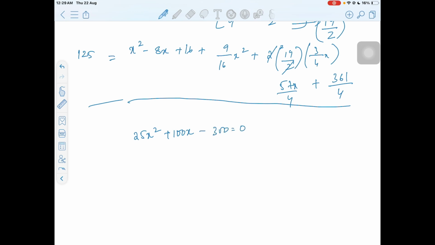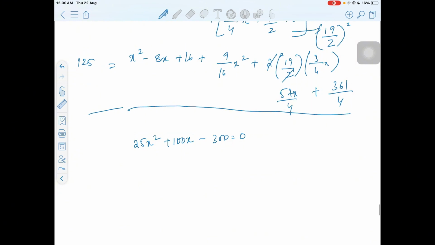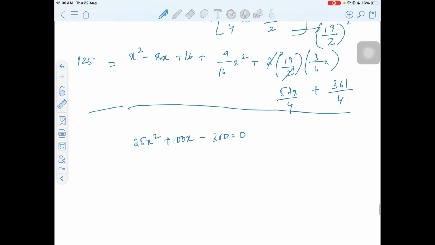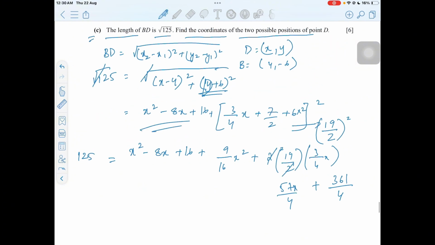Or we can solve this, but this will take a lot of time, right? So you can either solve it by yourself or you can just use the calculator, right? Or let's just take that and we can use this. We can just try it, right?